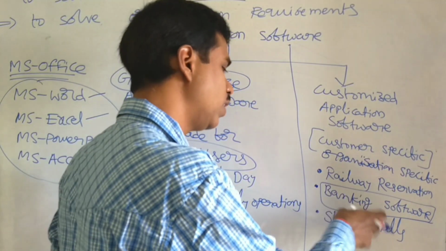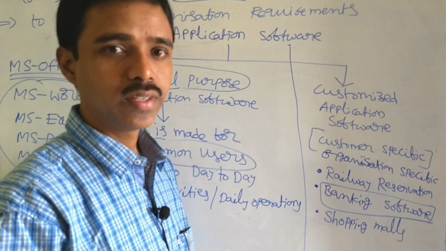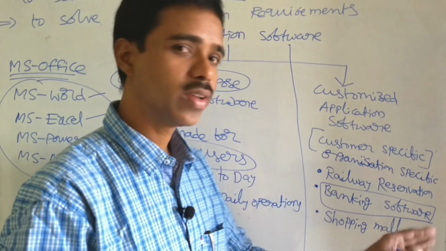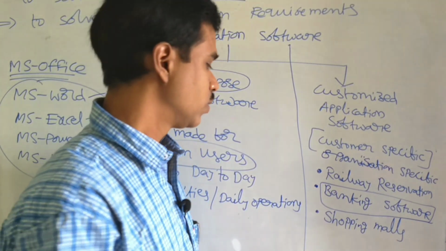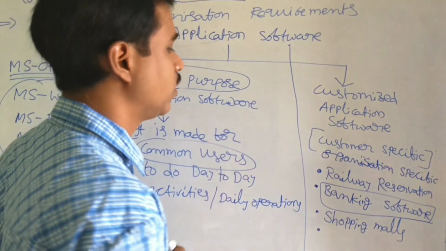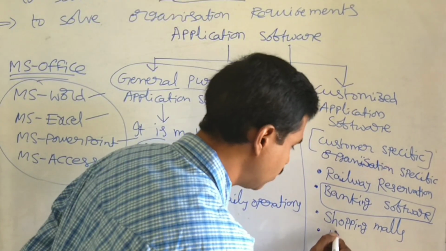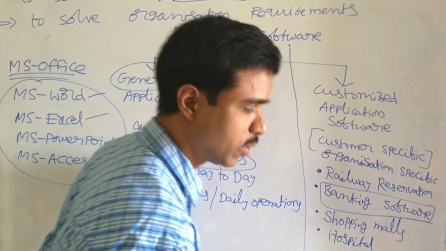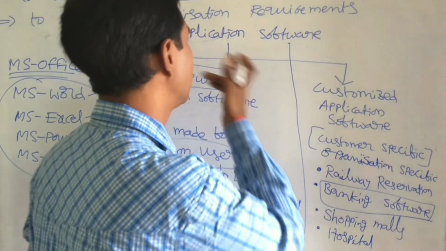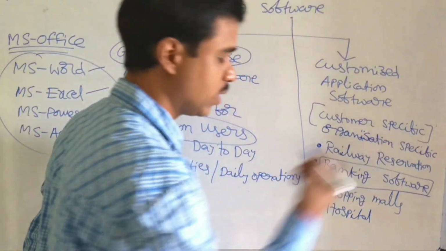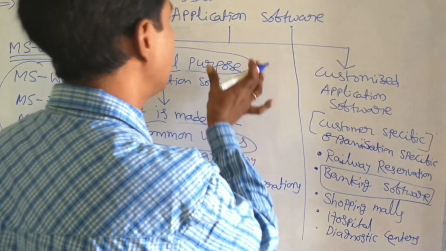It was made specially to suit their needs. Why? Because the rules change from one company to another, one shopping mall to another. Similarly, hospital management software, the projects related to hospitals, also come under application software. That is not used by other organizations. All this comes under application software only.